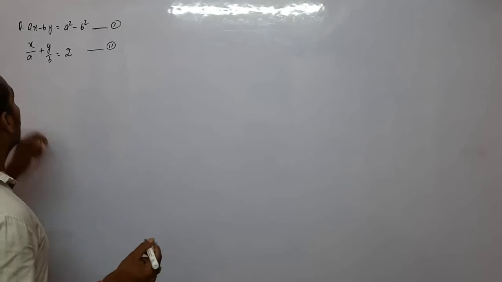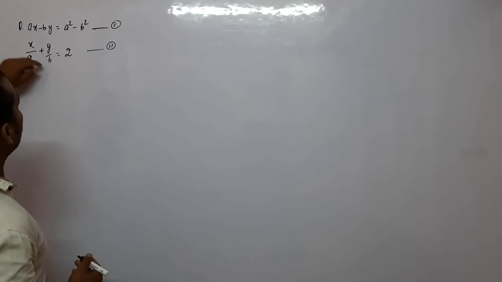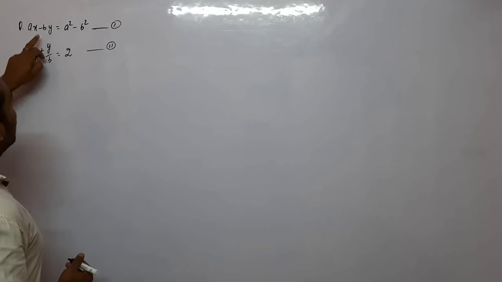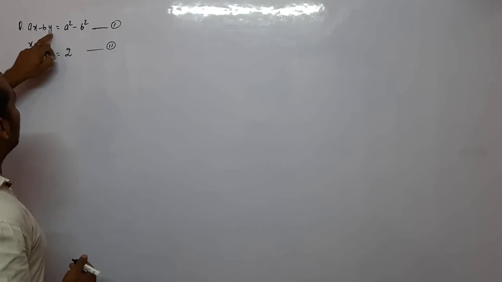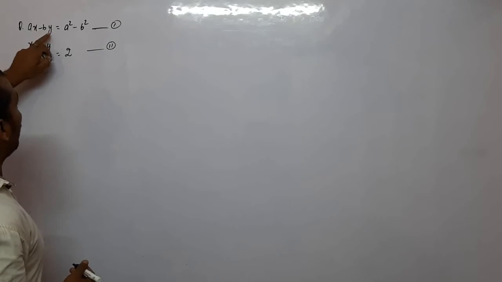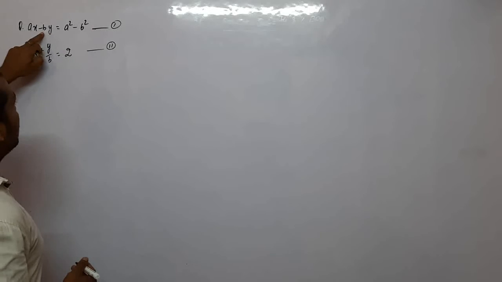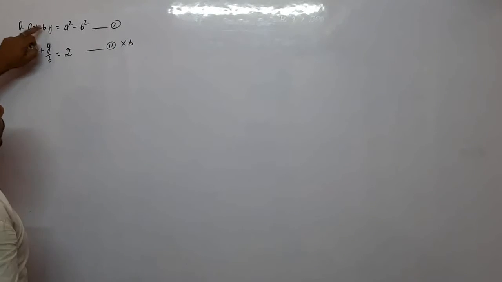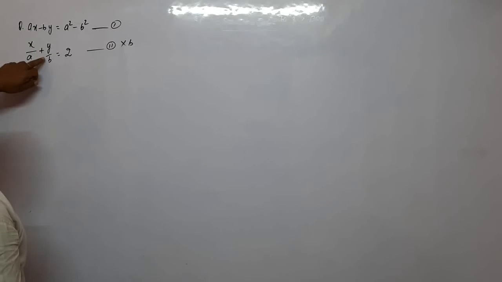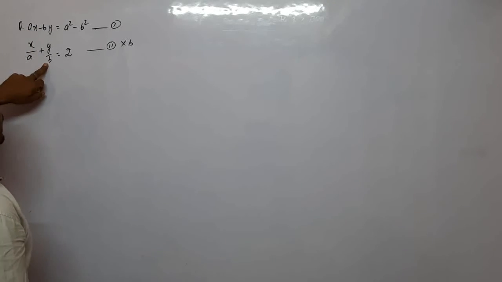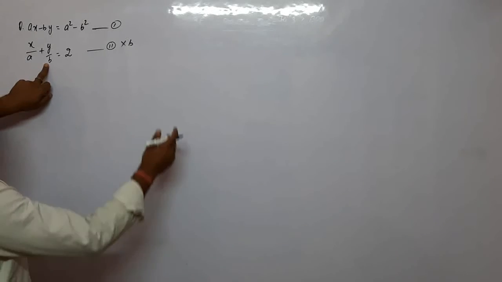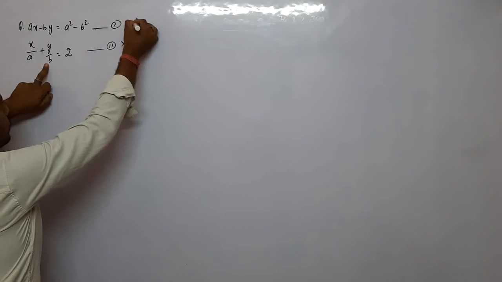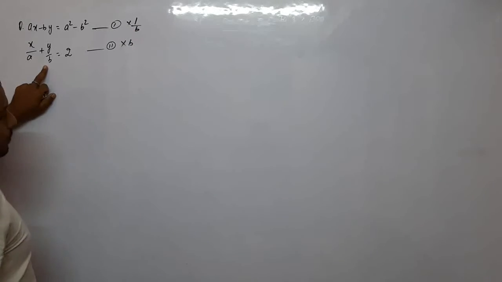Here, in equation number 1, the coefficient of y is b, so just multiply it with b. And in the denominator of equation 2 we have b, so multiply it also with 1 by b. Clear?